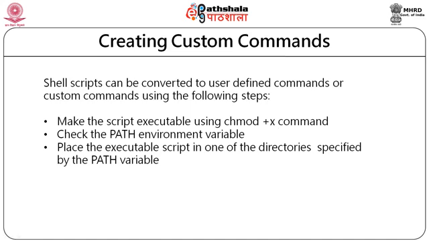Then there is a path environment variable which contains the path of executable commands. Either I can place this shell program in that path directory, or I can modify the path variable so that it points to my current directory.